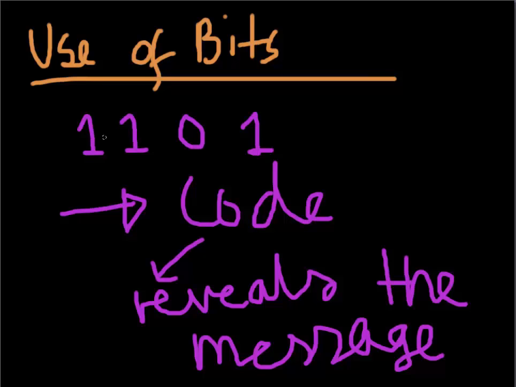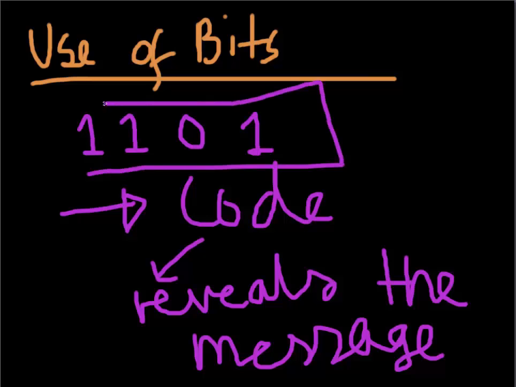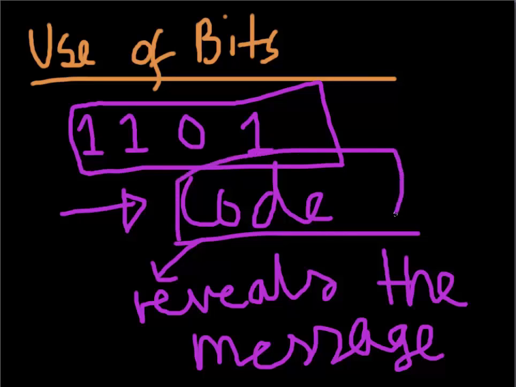To us it doesn't mean anything, but as the other person who is looking for these flashes knows the code, they will be able to understand what these flashes mean. And for anyone who isn't clear, 1 means the flash is on and 0 means the flash is off. So that is what codes are. A code shows what something else means.